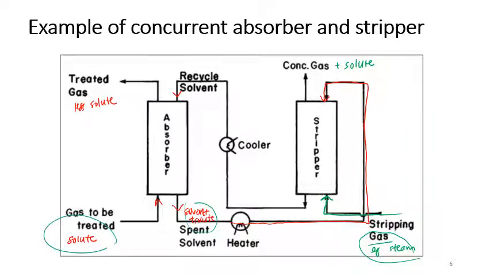Then the solvent here would be the clean solvent that can be used to treat the gas again. So the job here is to absorb and strip, absorb and strip, until it satisfies the regulatory requirements.